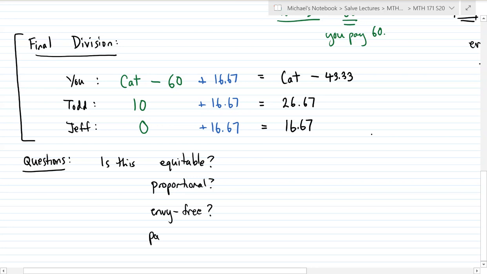And Pareto optimal? These are the sorts of analyses that we're going to do on these divisions, and so it's a good moment maybe to pause the video and think a little bit for yourself which of these properties we satisfied with this division.